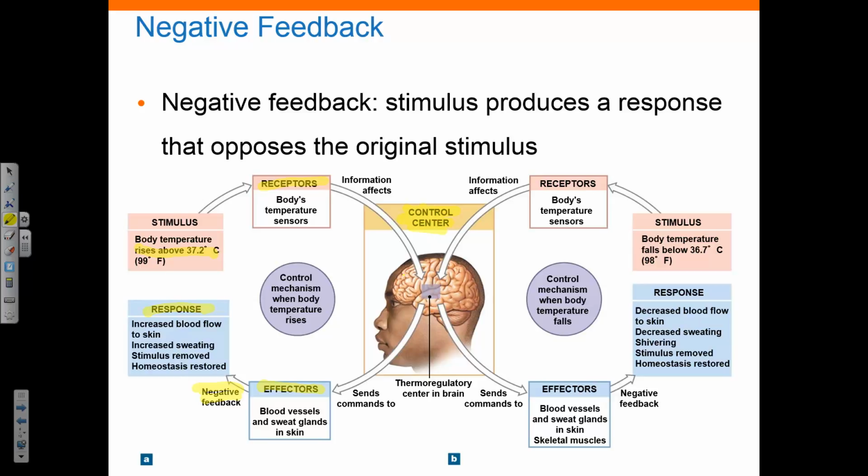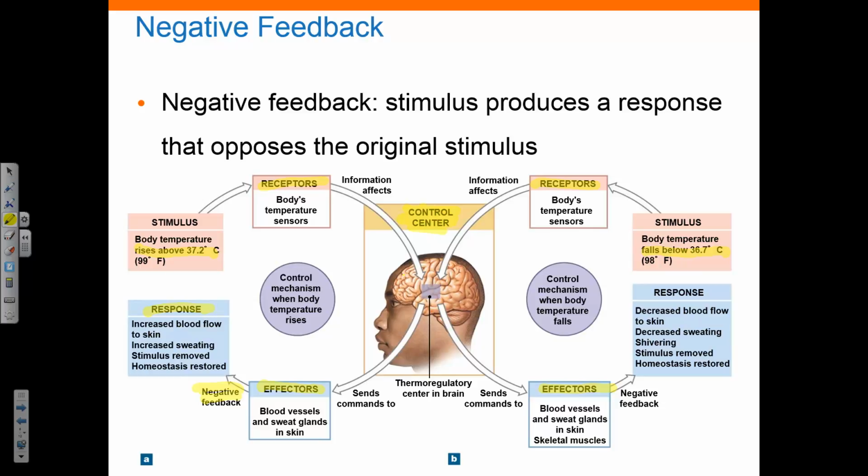On the flip side, when body temperature decreases below 37.6 degrees, the body's temperature sensors will again act as receptors and relay the information to the thermoregulatory center of the brain. To oppose the falling temperature, the control center will send out commands to the effectors, in this case, smooth muscles in the blood vessels, skeletal muscles, and the sweat glands.